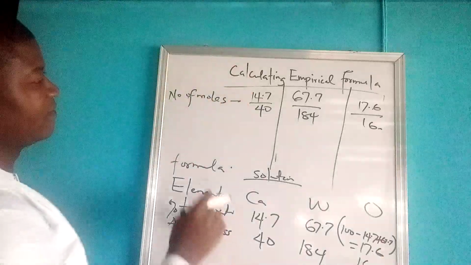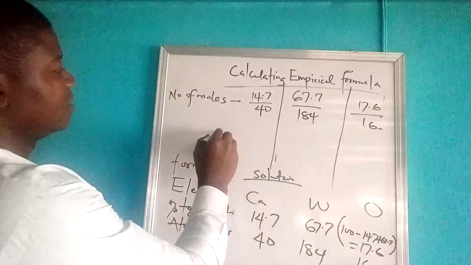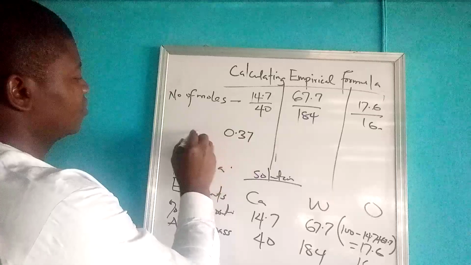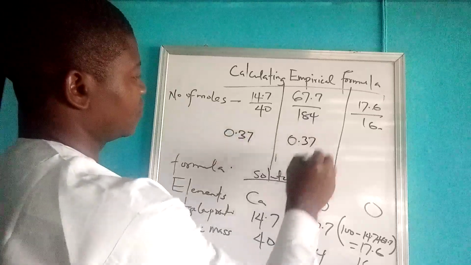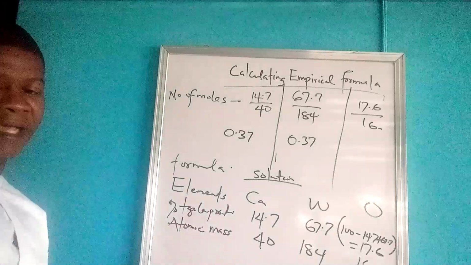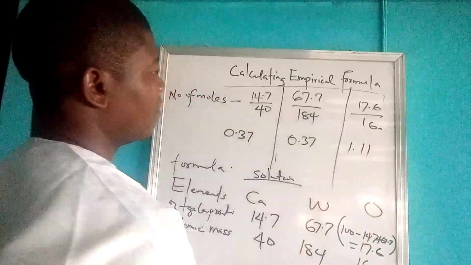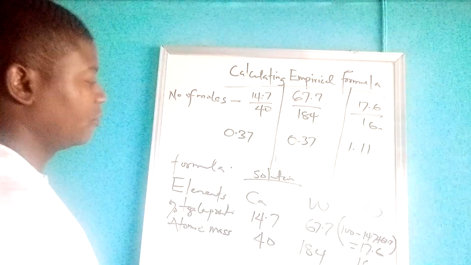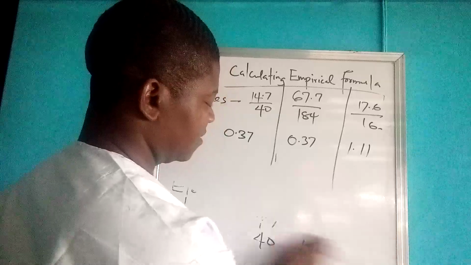And so when we divide that, we have 0.37 for calcium, and we have 0.37 also for tungsten, and we have 1.11 for oxygen. And so at this point, we are going to divide by the smallest.